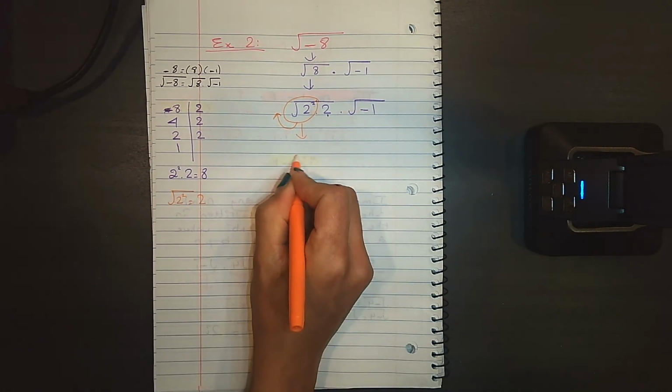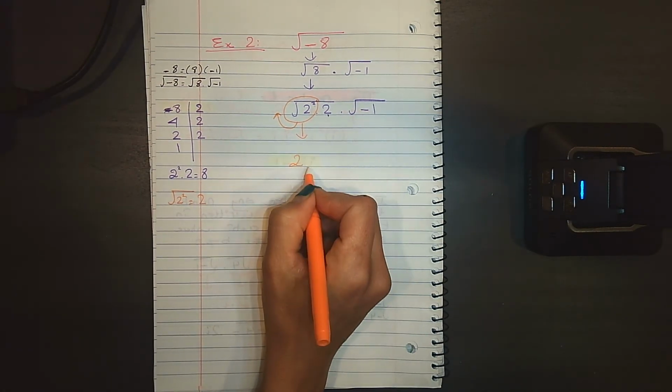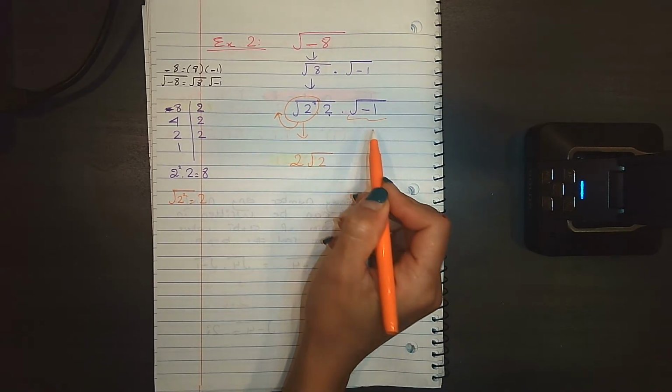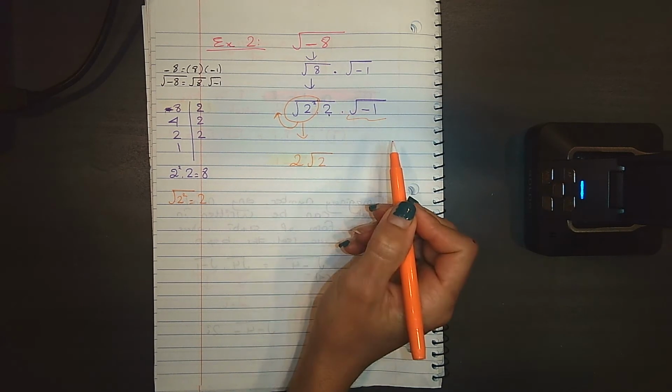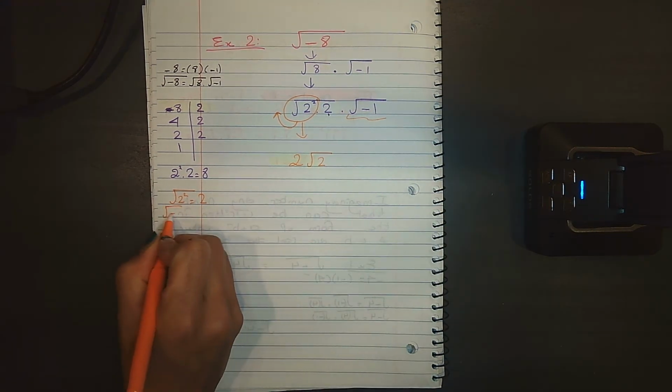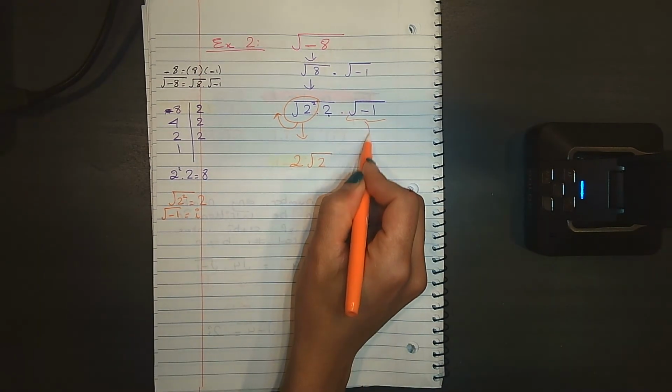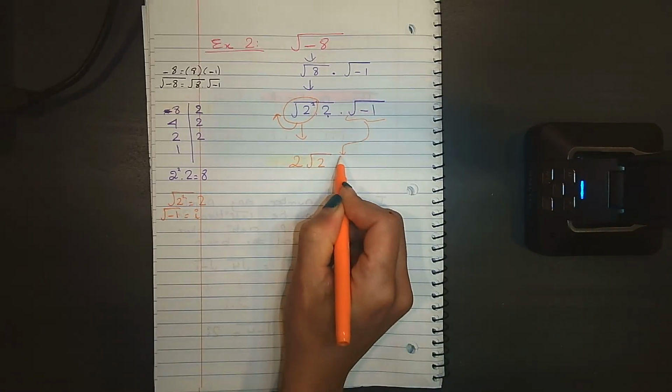So that would be 2, and then the square root of 2 is going to stay inside. And then what do we have for i? We know that the square root of negative 1 is always i. So I'm going to replace this with an i.